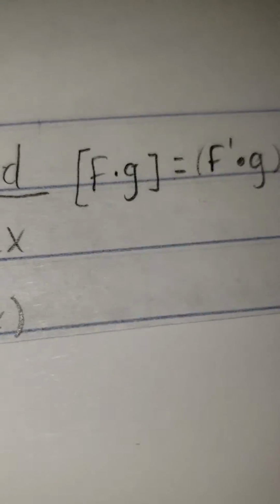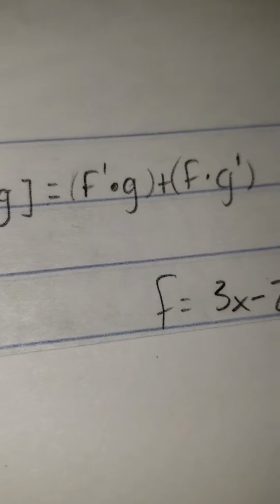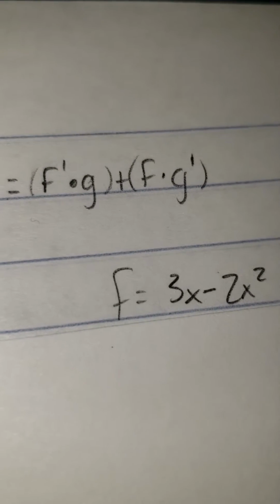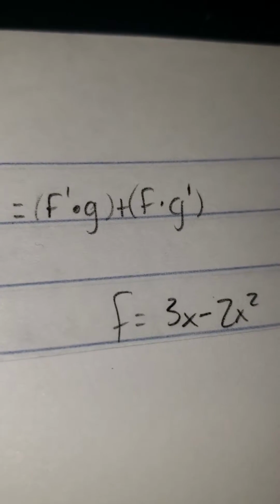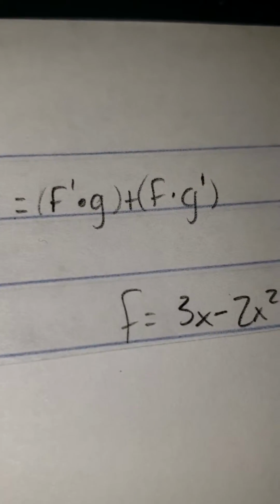The derivative is equal to the power rule derivative of f times the original function of g plus the original factor of f times the power rule derivative of g.